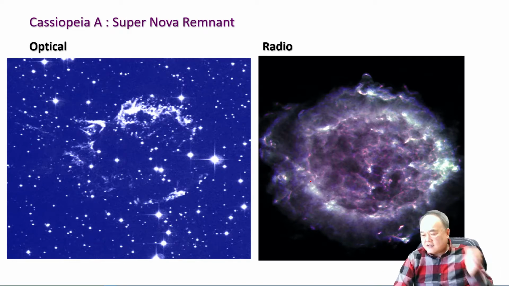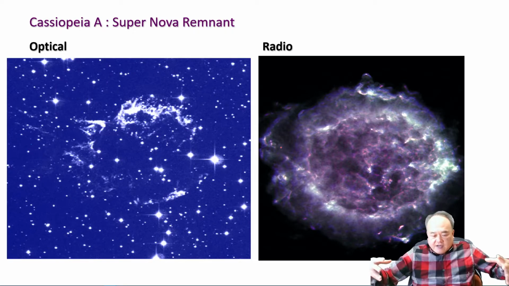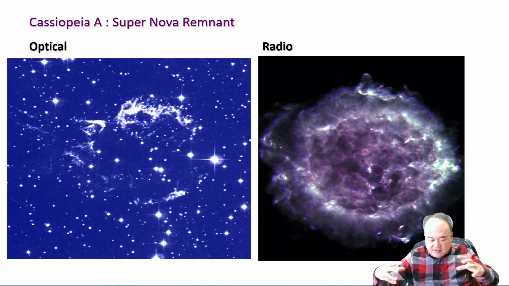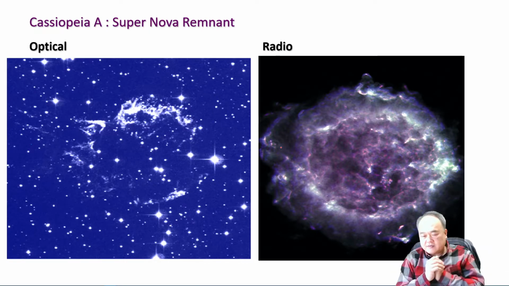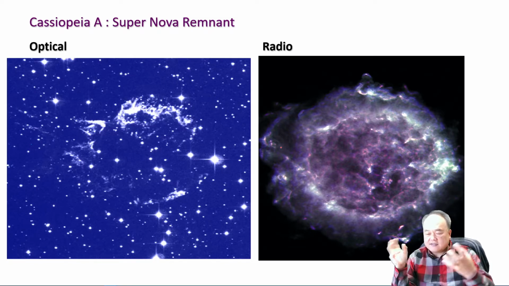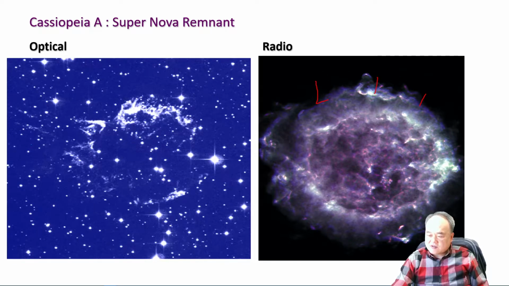Right? The next example is the supernova remnant. A supernova remnant is accelerating hot gases, so ionized particles, and these accelerated ionized particles interact with the remnant magnetic field lines of the progenitor star of the supernova. The interaction of the magnetic field lines with the expanding ionized particles produces lots of synchrotron radiation.